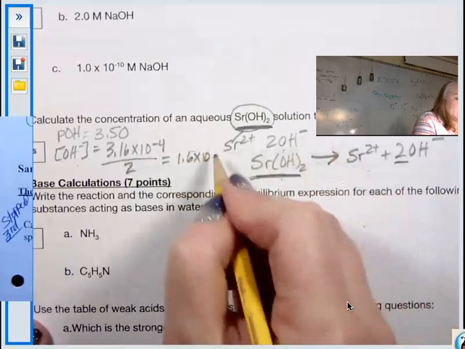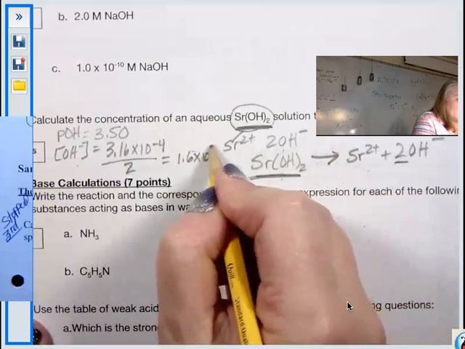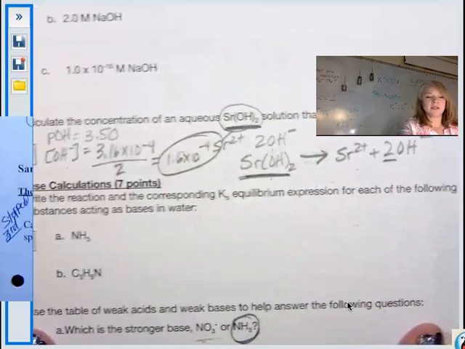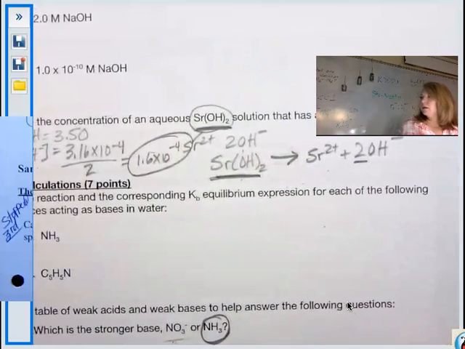1.6 times 10 to the -4th. Okay, there you go. Are y'all cool with that concept? Why do we divide by 2? Look at your ratio of hydroxide to strontium hydroxide. It's 1/2 of it, right? If we know our hydroxide, the strontium hydroxide is 1/2 of that.